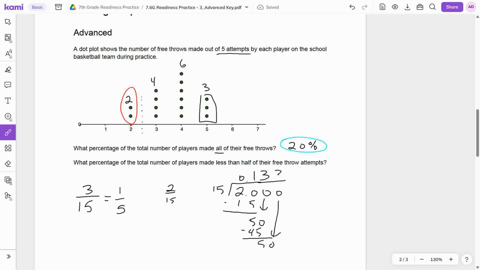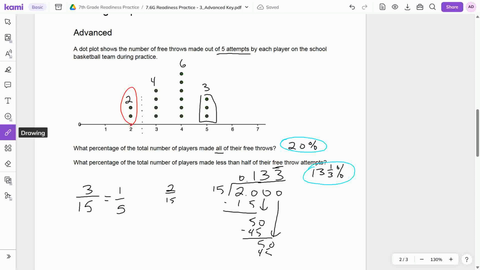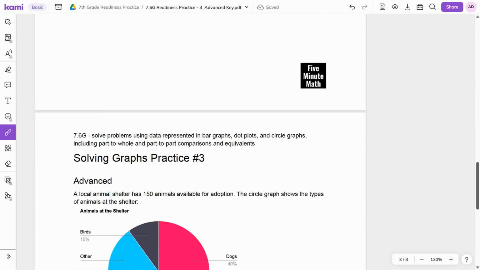We're just going to keep going back and back and back. All right, so it's going to be 13.3 repeating, or we can say 13 and 1/3%. Or you can say 13.3 repeating percent. That is also technically correct. I just think the 1/3 is just a little bit cleaner.